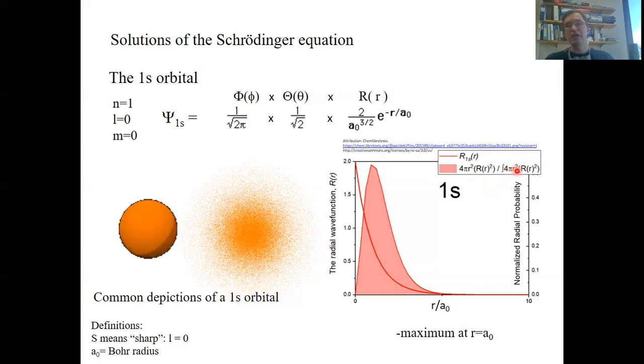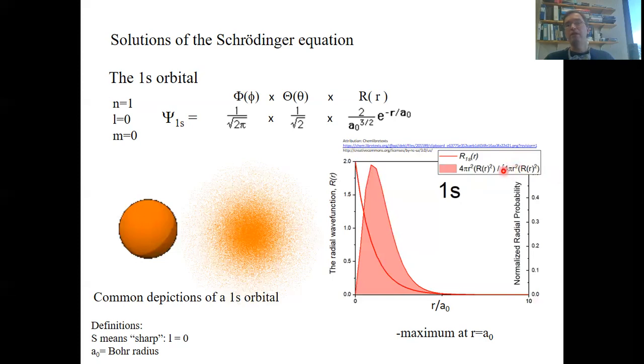So that means now that you multiply this exponential term here with a term in which r to the power of 2 appears. Okay? So that means now that when r is equal to 0, the entire radial probability function becomes 0. Okay? And that means that the probability to find the electron at a distance closest to the nucleus is actually 0.